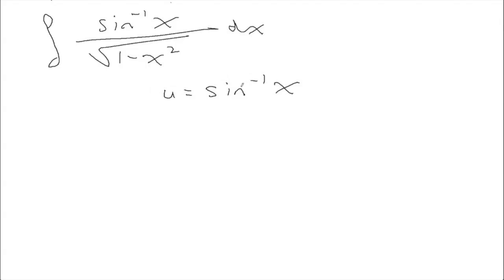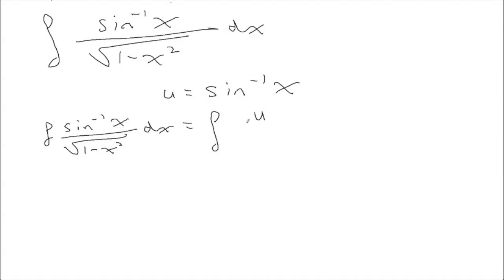Okay, so here's the substitution that we're going to make. What should be my next step? Now we can rewrite the integral as the integral of u over square root of 1 minus x squared dx. That's right. So we just made the substitution. Good.